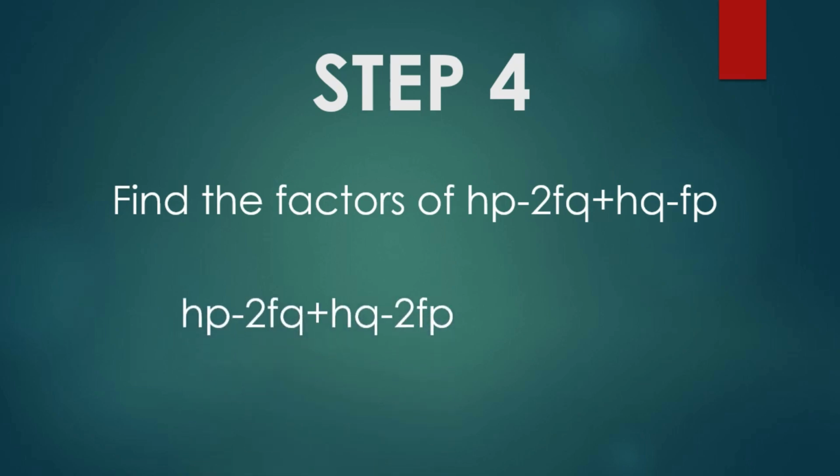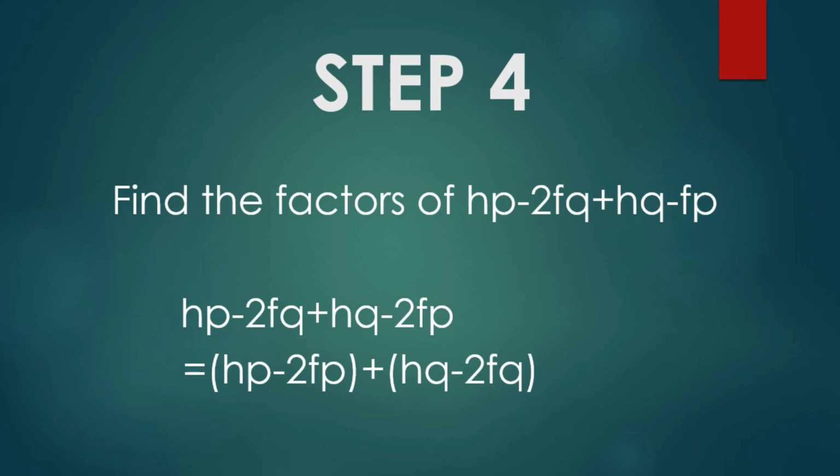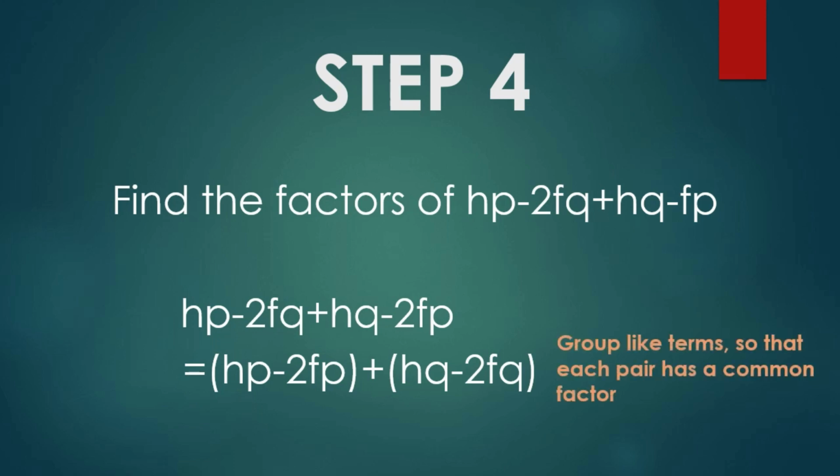Here we factorize, we group common terms, and that will be HP subtract 2FP. Inside that bracket they have P common, so we group the P terms, and in the other bracket we have HQ subtract 2FQ. In that bracket both of the terms have Q common.